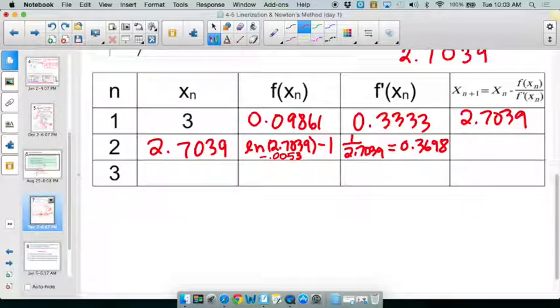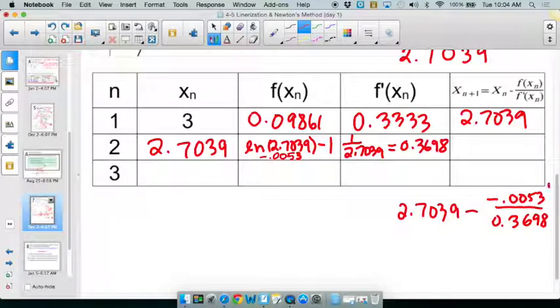So now we're going to take that 2.7039 and subtract this divided by that. So we're going to subtract 0.0053 over 0.3698. Are we supposed to be in degrees or radians? Are we dealing with angle measure? Okay, so it doesn't matter.